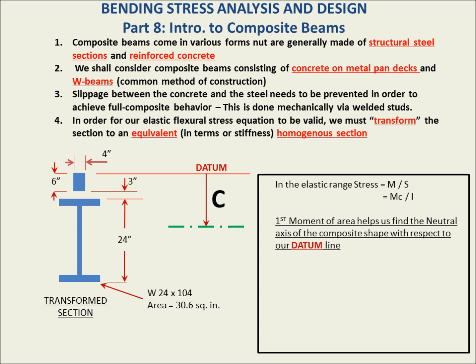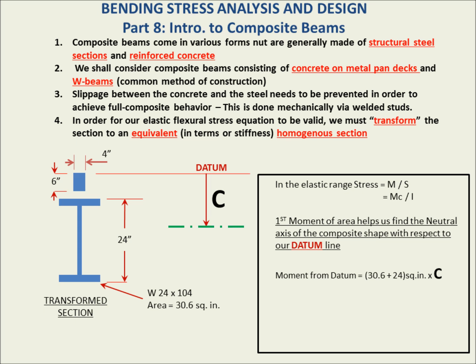So that distance multiplied by the total area of the distribution, the wide flange and the rectangle, gives us a moment. If this was a distribution of masses or stresses, the distance from that datum line to the center of gravity of the distribution times the total magnitude of the distribution gives us a moment.